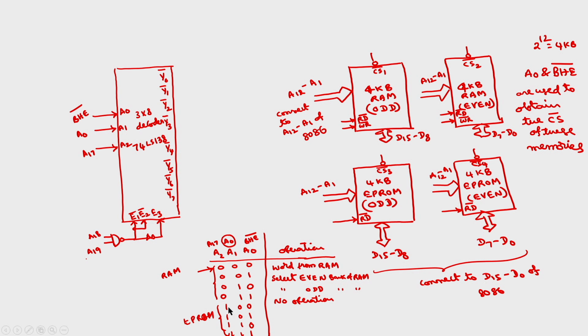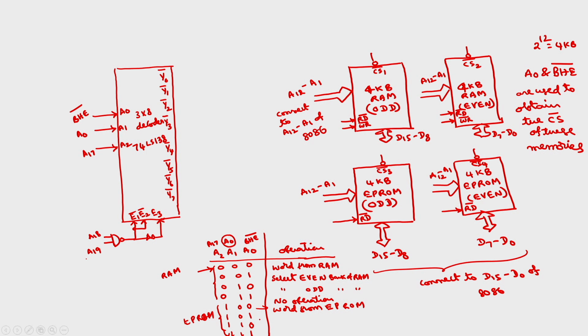So A2 is 1 means EPROM by default because of that address map that I have discussed in the previous slide. So A0 is 0 means this one will be wired from EPROM because both BHE bar is 0 as well as A0 is 0.